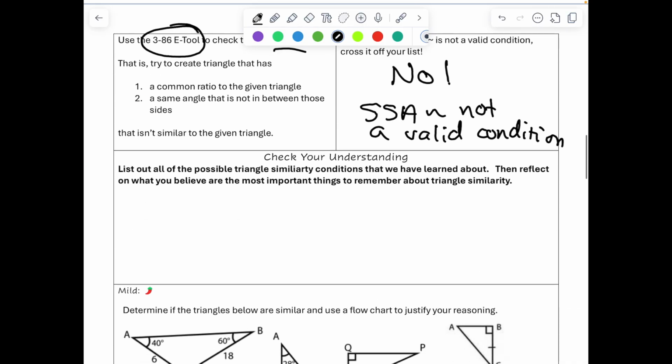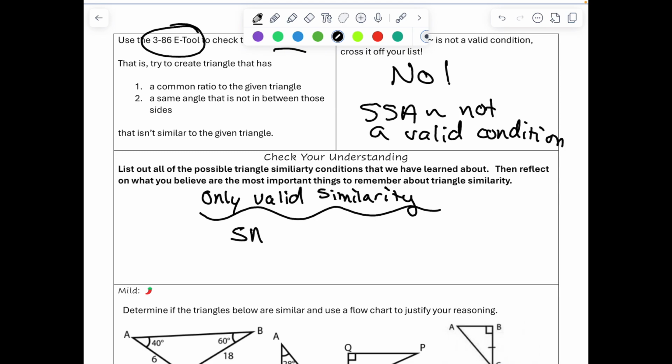So in our check our understanding, we've come to the conclusion that we've already talked about before, that the only valid conditions for similarity are side angle side similarity, angle angle similarity, and side side side similarity. Okay? If you have extra info, like if you were given another side, that's great, that's fine.